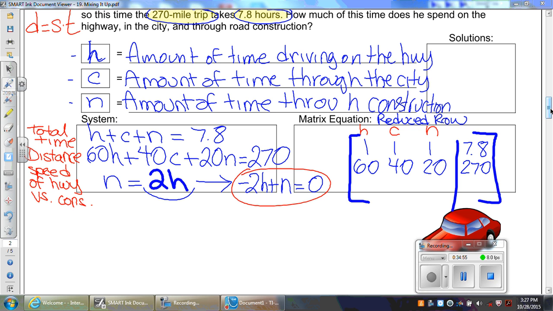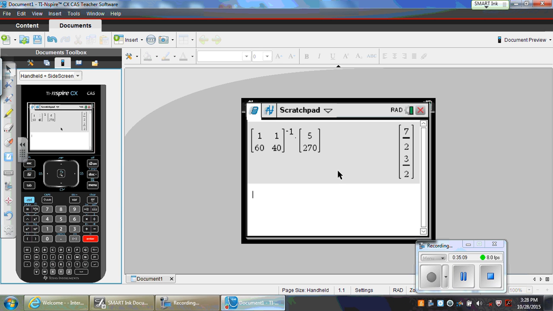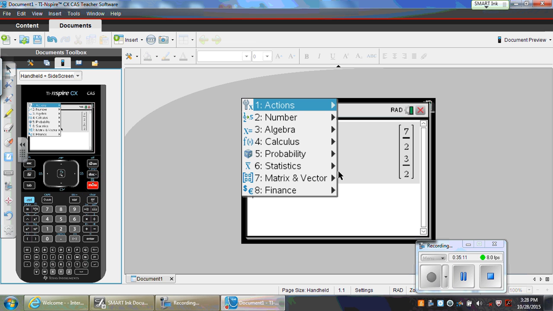Negative 2 for H. Now for C, it is 0. And for N, 1. And what will be our constant term here? 0. Okay.